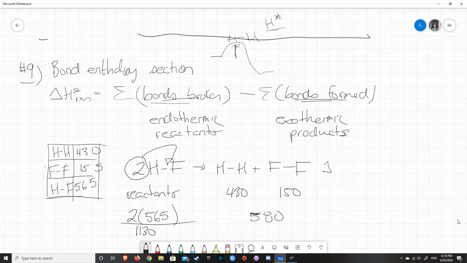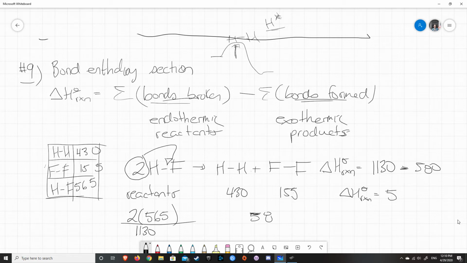So let's look at our equation. Delta H of reaction is equal to bonds broken, which is 1130 kilojoules is how much we needed, minus bonds formed, which is 580. So our delta H of reaction is equal to approximately 500, and oh, I messed up a number right here.